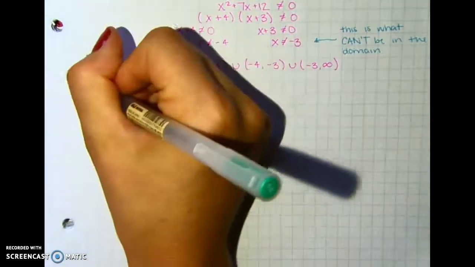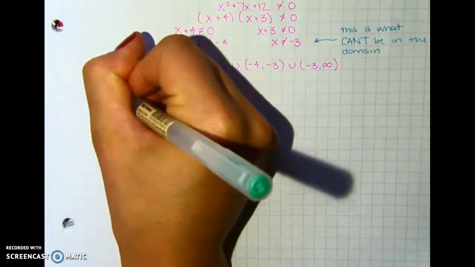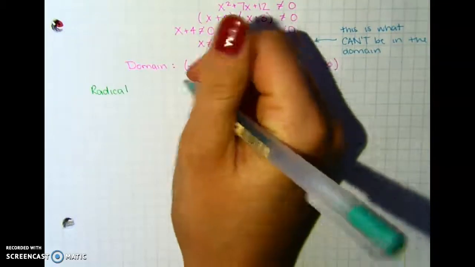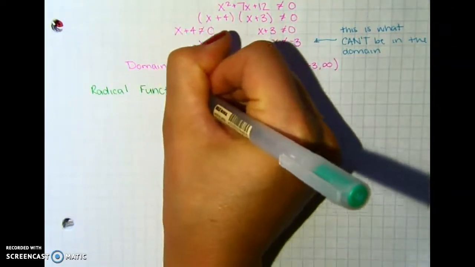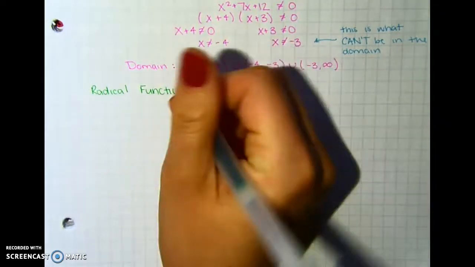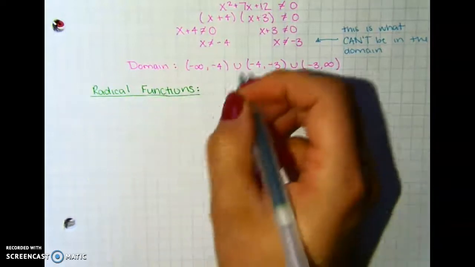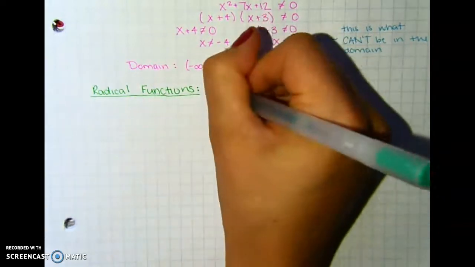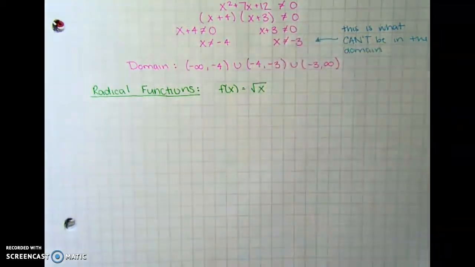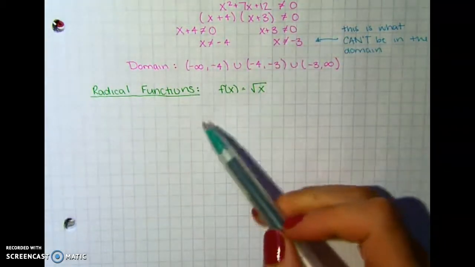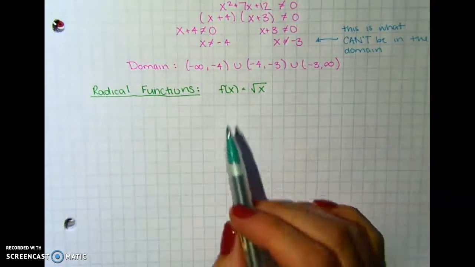Okay, so radical function is square root. So f of x equals the square root of x is the parent. And if you remember, this is where it has an endpoint and then goes in a direction.